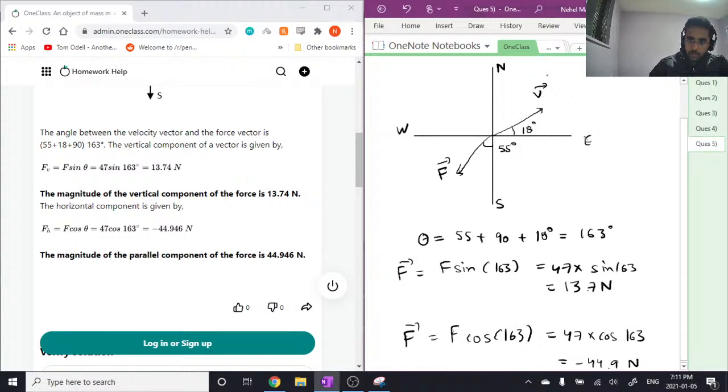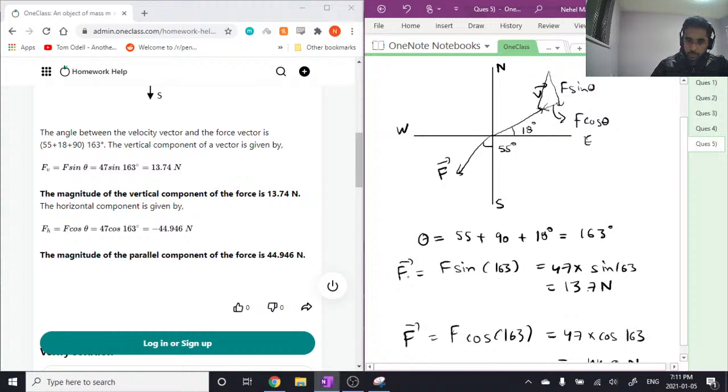So when we resolve this, it would be acting like this. This would be one component like this and one component like this. So this component here is your cos theta, and this component here is your sine theta.